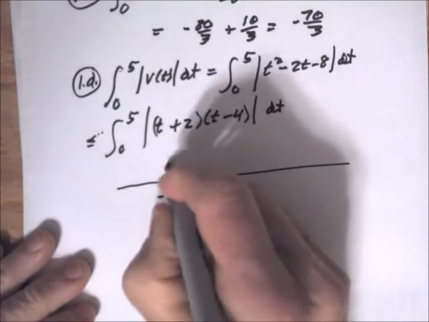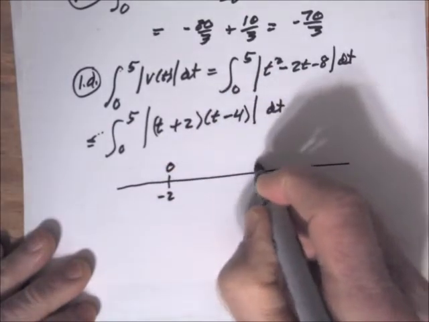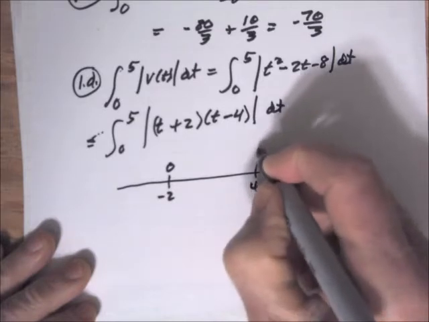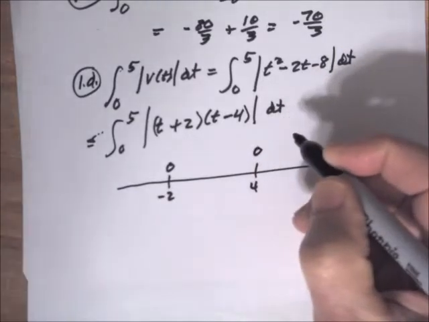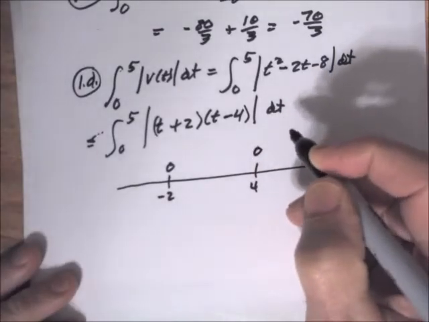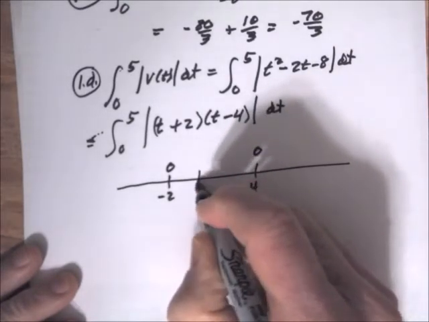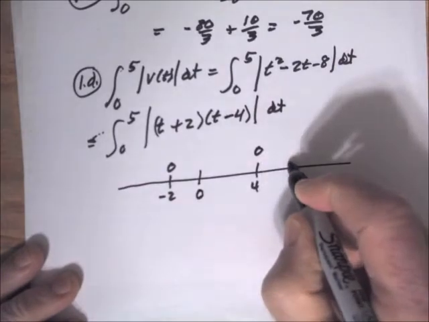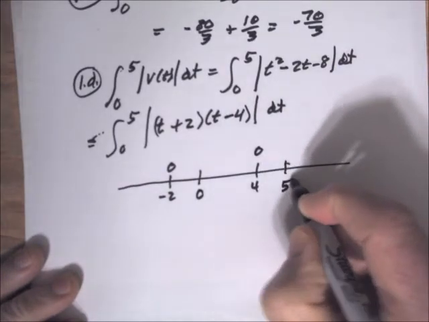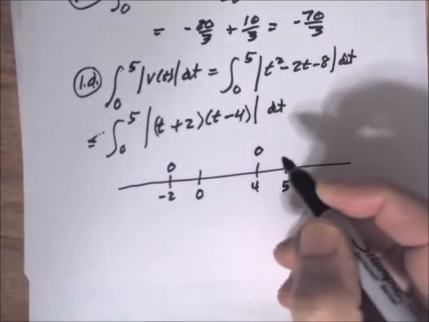At negative 2 it's 0. At 4 the velocity is 0. And we want to go from 0 to 5 seconds, so there's going to be a possible change of sign there.